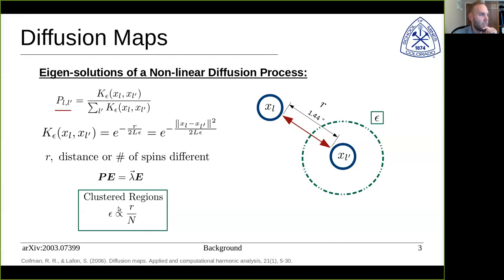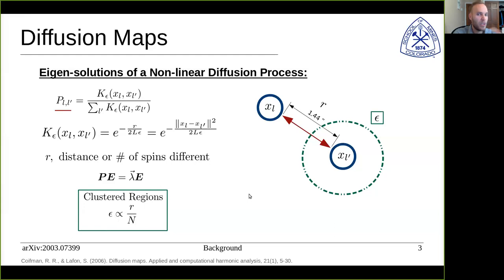This essentially shows you which samples, at different distances between them, will be clustered, meaning they have a high enough transition probability that they will diffuse into each other.